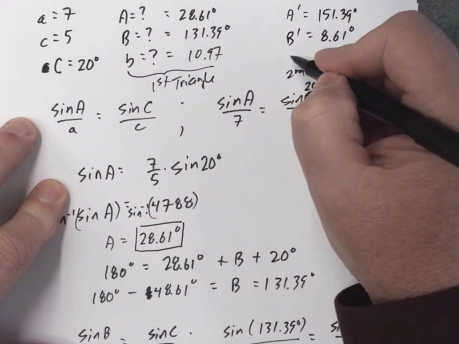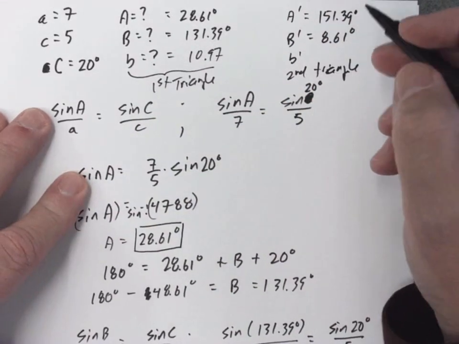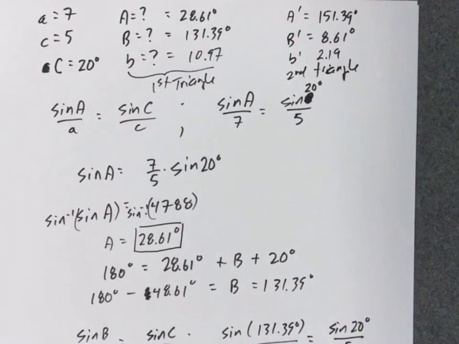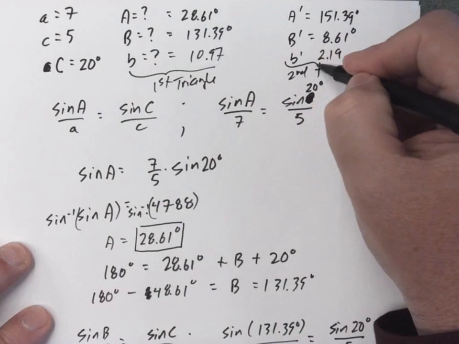So here's a case where there is two triangles. Here are the dimensions for the second triangle.